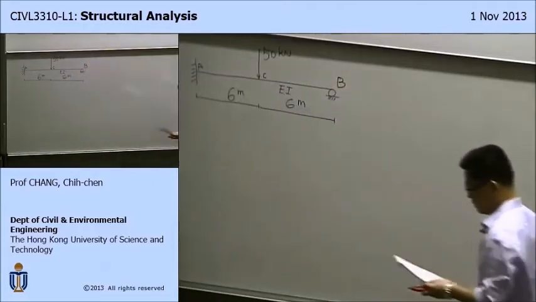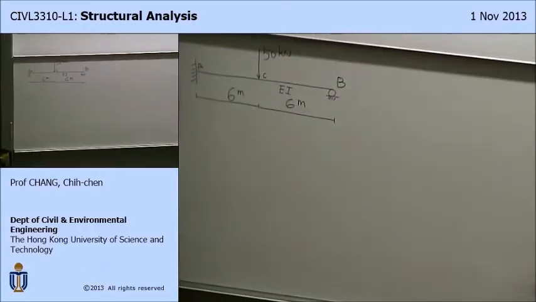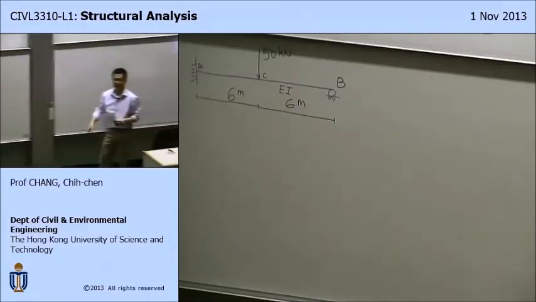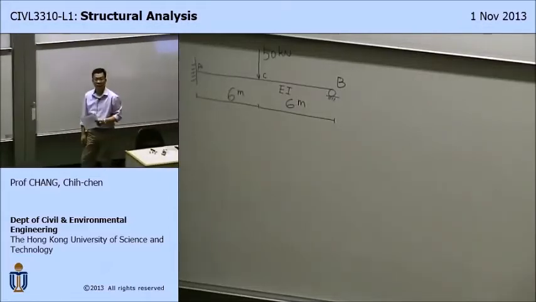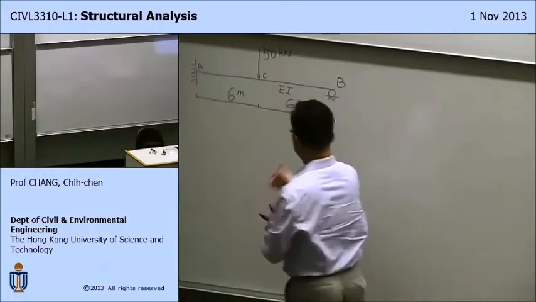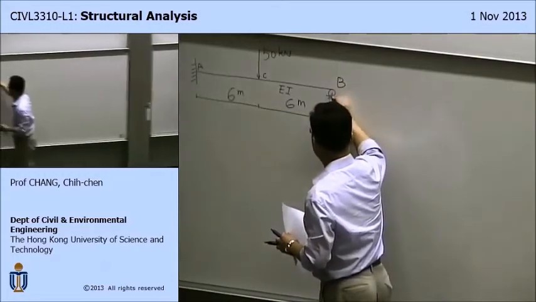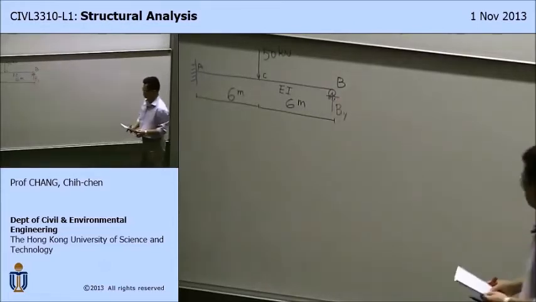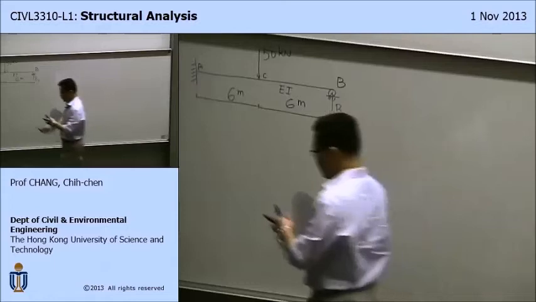All right, a very simple one here, illustrating this. I'll give you the real numbers so that you can make sure that you can operate this. So I'm going to use the compatibility equations. Here By I'm going to choose as my redundant force. So I'm going to do two analyses.